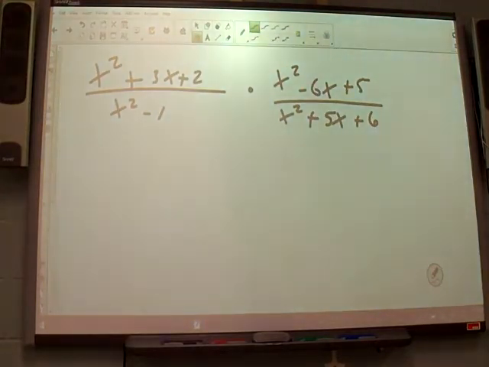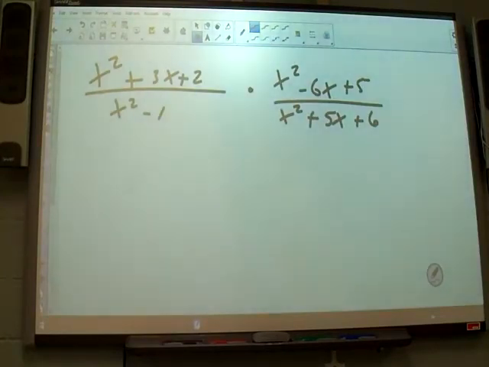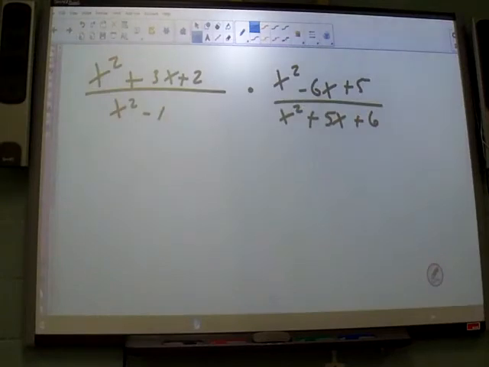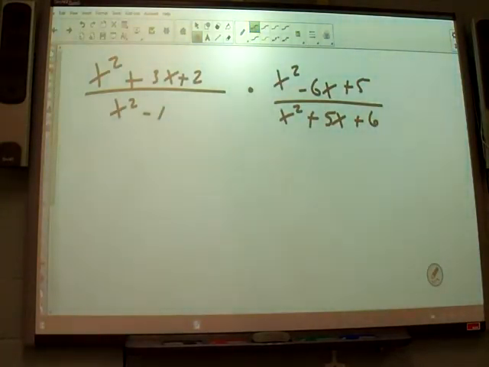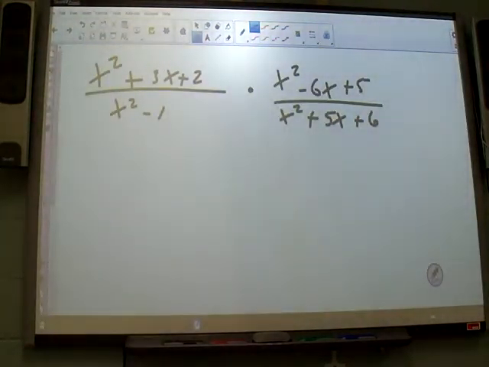Okay, in a nice, perfect world, maybe we could mark out whole trinomials, but they have to be exactly the same. So I don't have anything exactly the same to mark out. So I have to start taking it apart, lay my bicycle parts out on the carport floor, and see if I have any parts that are the same.